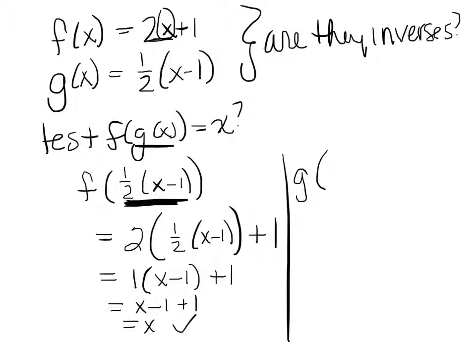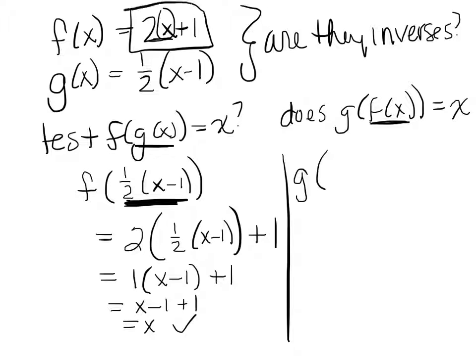So let's do g of f of x. Does g of f of x equal x? Take g, and for f of x, I'm going to use the definition that it's 2x plus 1. Then I have to evaluate g using 2x plus 1 as my new x.